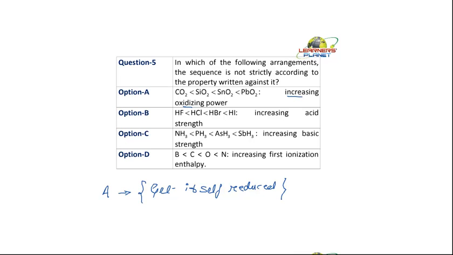The ability to get itself reduced means the ability to take up electrons. Now, see what all oxides are there, to which group they belong. That is carbon, silicon, tin and lead. They belong to group 4. The maximum valency shown by this group is +4.